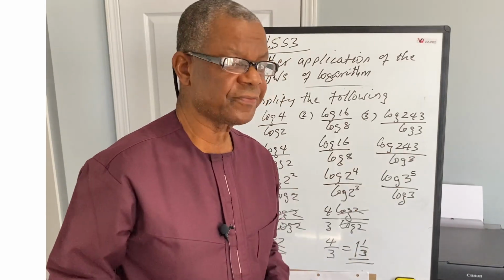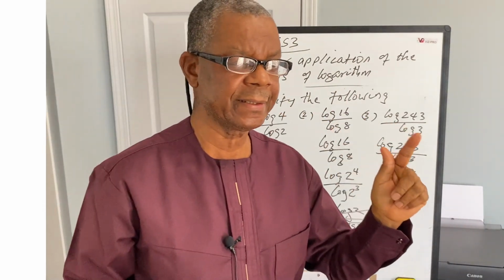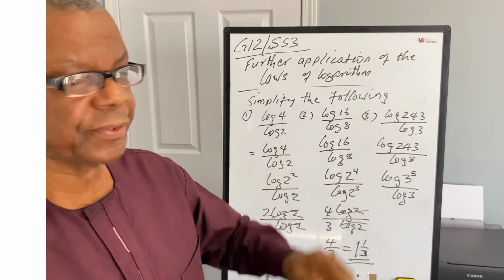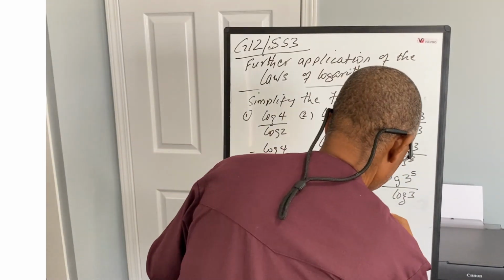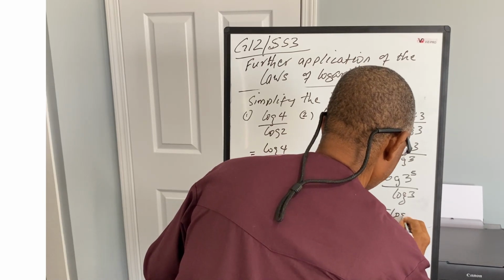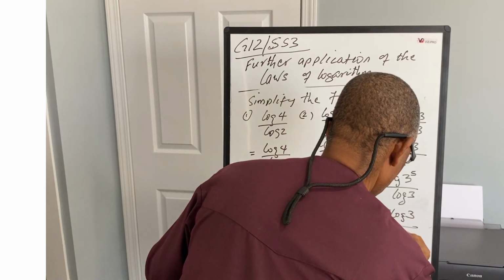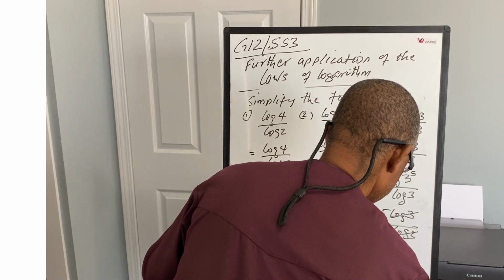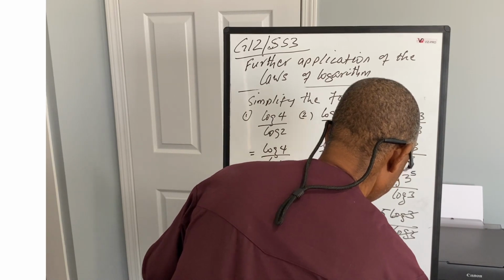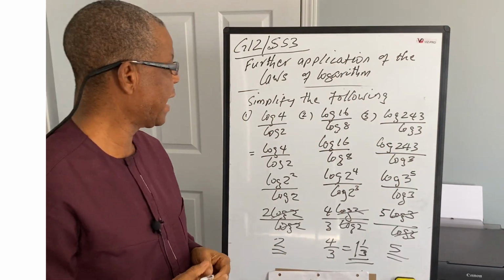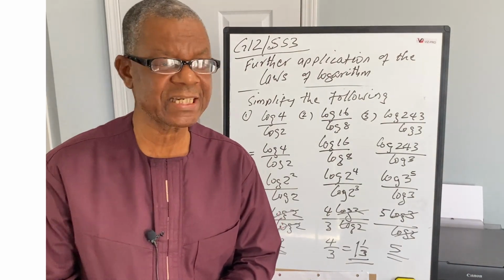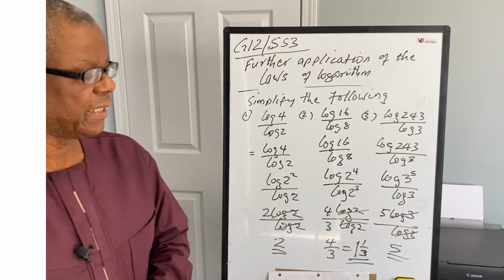Remember that 3 raised to power 5 is 3 times 3, 9. 9 times 3 is 27. 27 times 3 is 81. And 81 times 3 is 243. Resulting to 5 log 3 over log 3. Log 3 cancels log 3. The result is 5. We have found the value by simplification of the given logs.